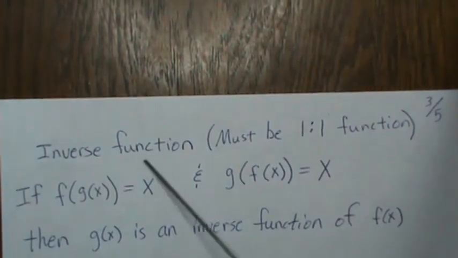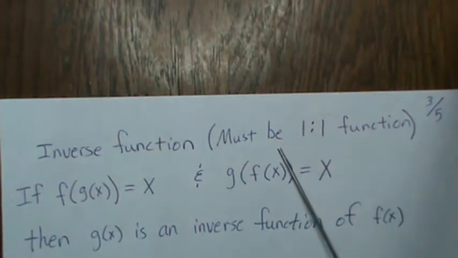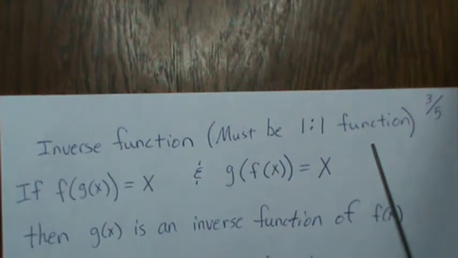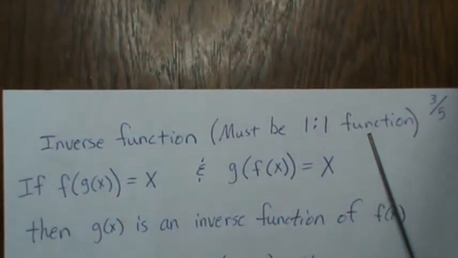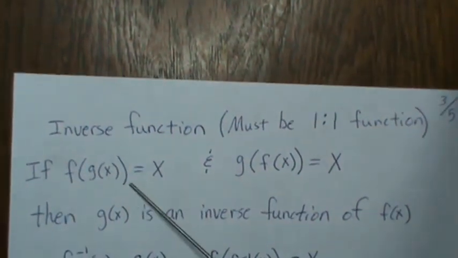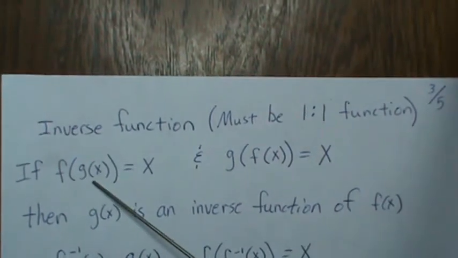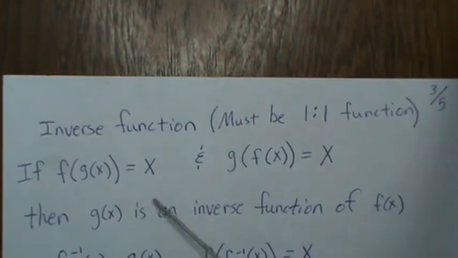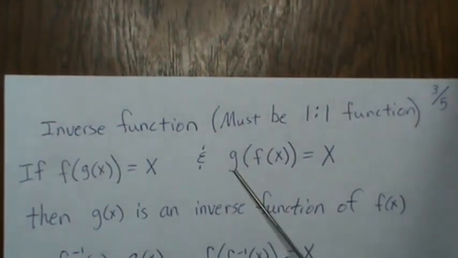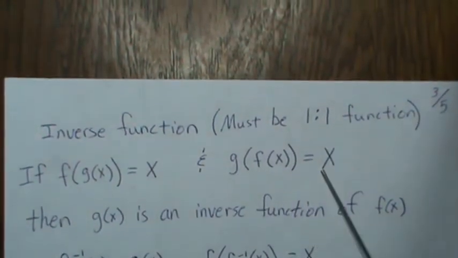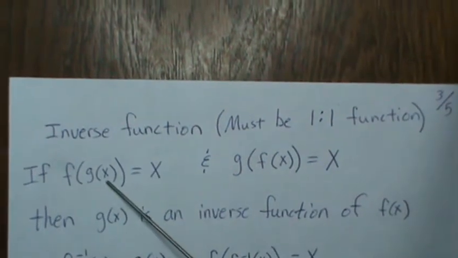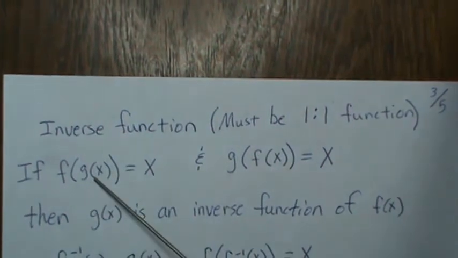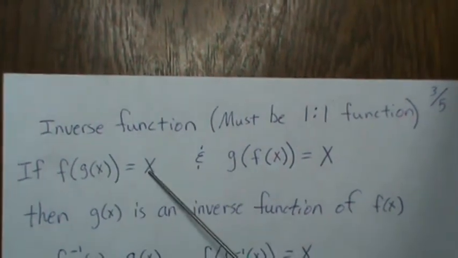So now let's get into inverse functions. First of all, to find an inverse function, we can only deal with one-to-one functions. So that means it has to pass the horizontal and vertical line test. So if the composite of two functions equals x, then those are inverses of each other, and it has to equal x both ways too. g of f of x has to equal x. So you put in x to this function, you get some number, and then you take g of that and you get the original number back.